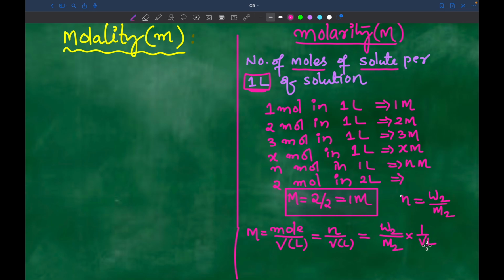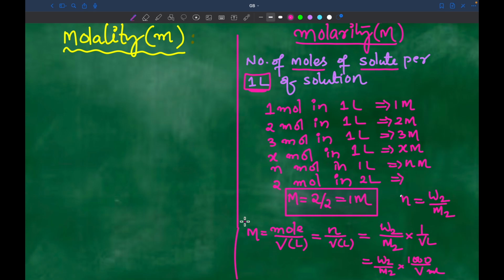Liters can also be converted to milliliters. Then you get W2 by M2 into 1000 by V in milliliters. This is how you calculate the molarity of a solution.